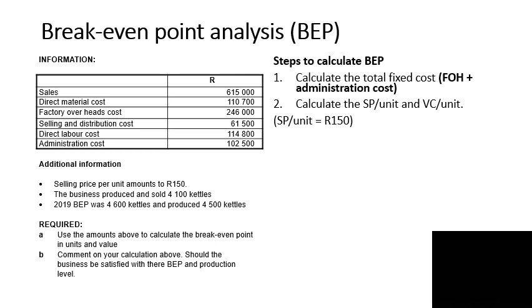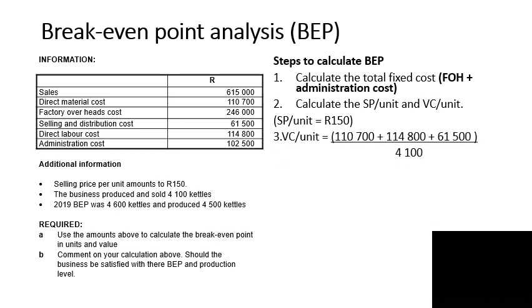Then the second step, you need to calculate your selling price per unit. Your selling price per unit is sometimes given, like in this case, or it is your sales divided by the number of units that were sold, depending on the information given.